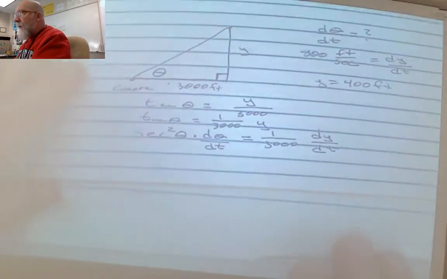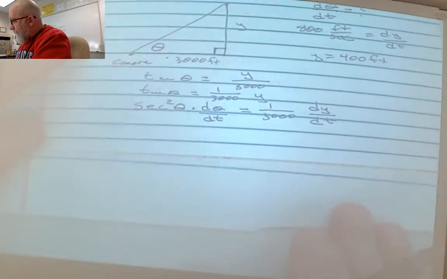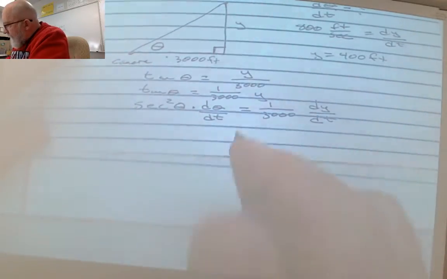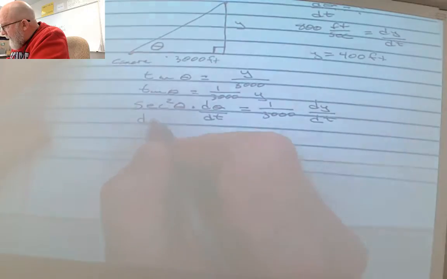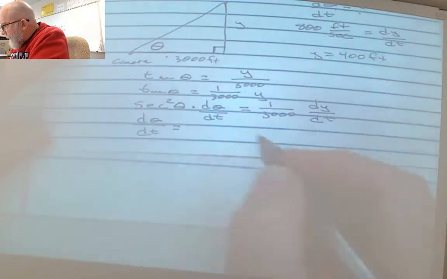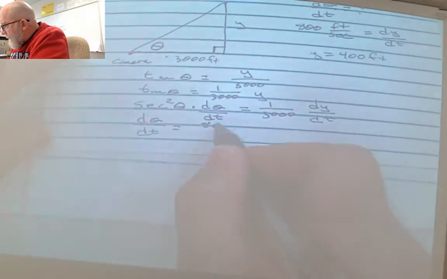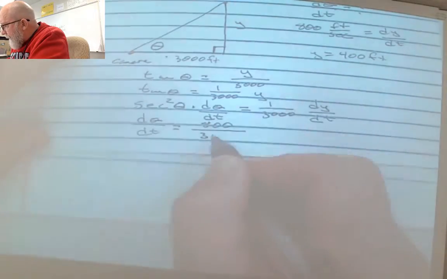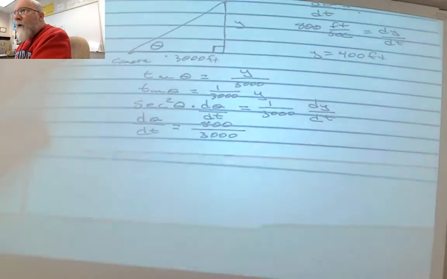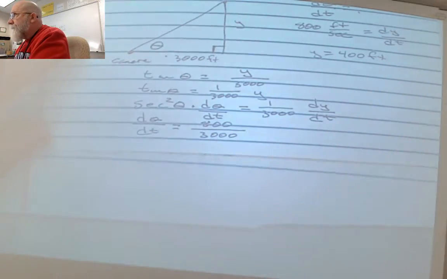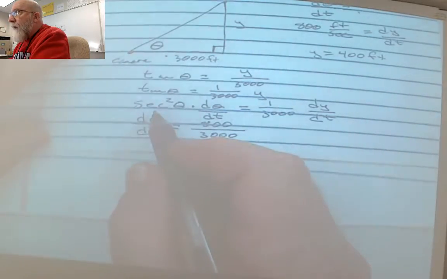Everybody with me so far? So now I have this. d theta/dt is equal to 800 over 3,000. Does anybody know where I got the 800? Yeah, 800 is dy/dt. Very good. Now I'm going to divide both sides by secant squared, correct? Would everybody agree?